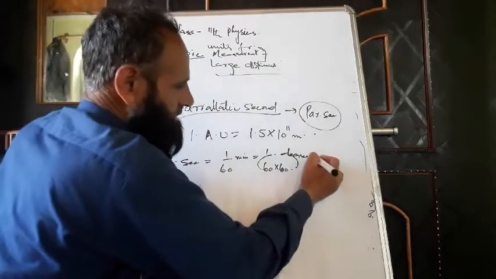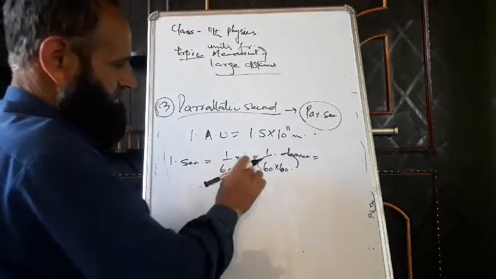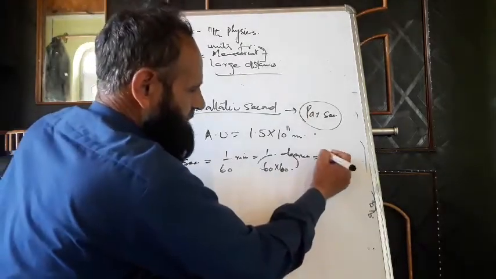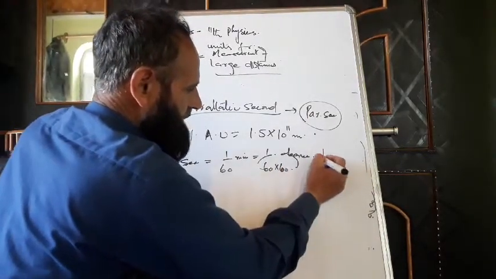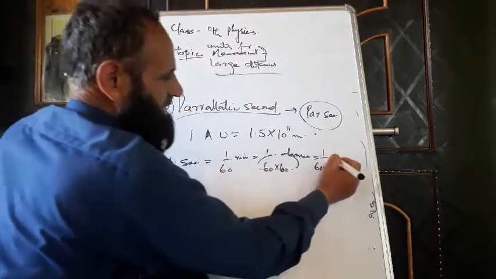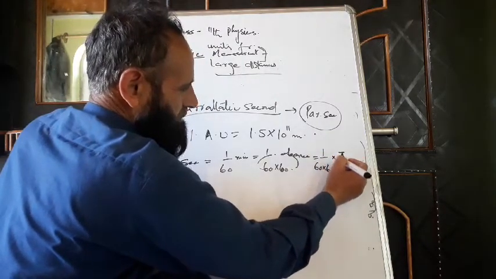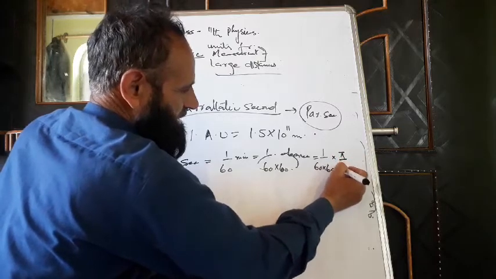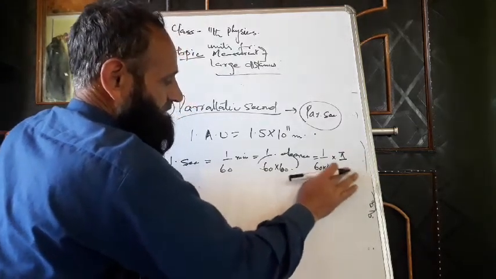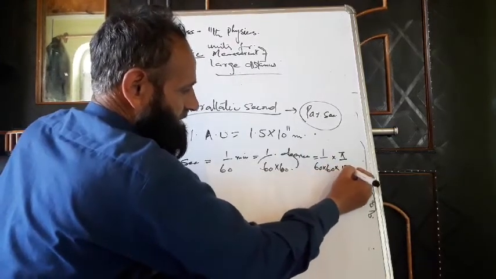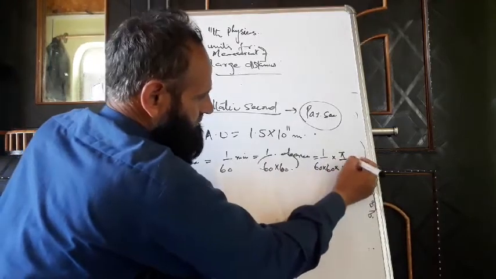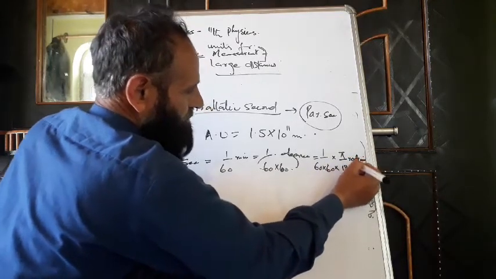We know this from our lower classes and from our 10th class trigonometry. We can change this degree into radians, taking pi by 180 radians.